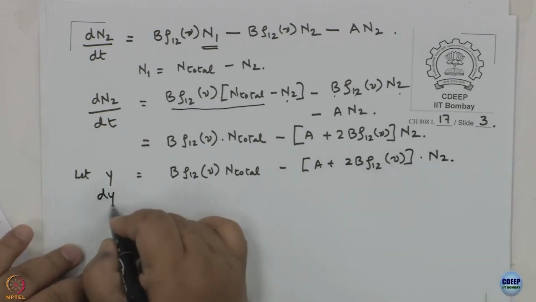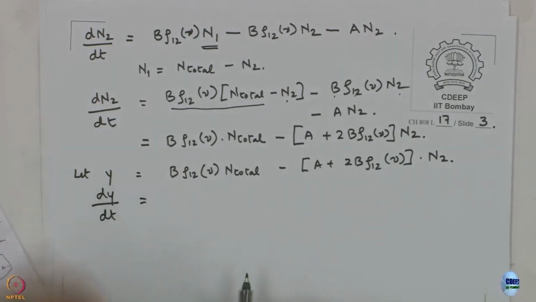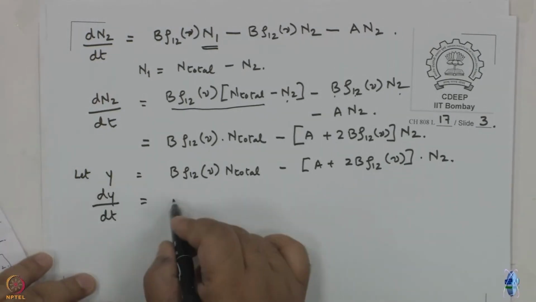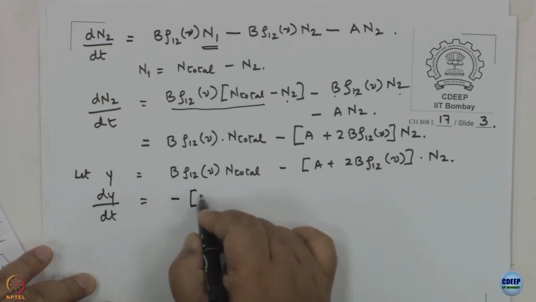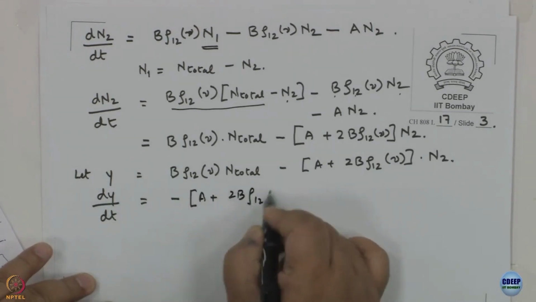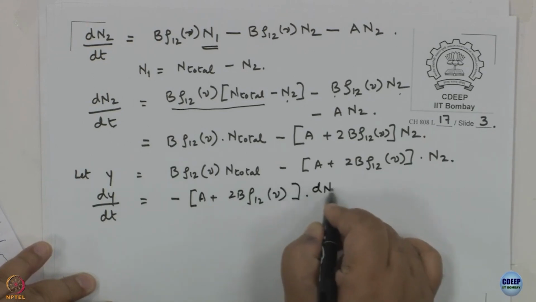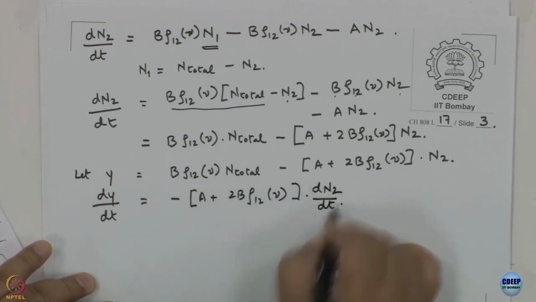So, what is then dy dt? First term is constant, so that goes. Second term I can write like this, minus a plus 2b rho 1 2 of nu dN2 dt, right.